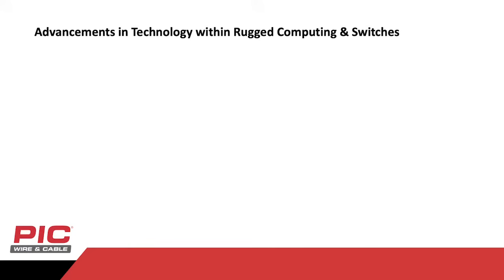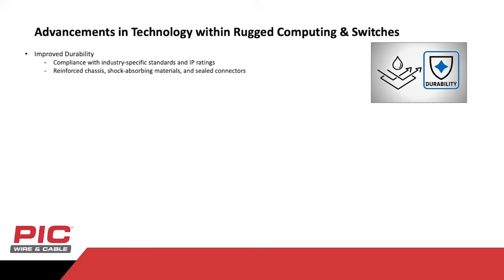Advances in technology with rugged computing and switches have revolutionized the way industries operate in challenging environments. Several significant advancements have occurred and continue to occur in ruggedized computing, switches, and associated interconnect solutions. This has enhanced their performance, durability, and adaptability. Here are some notable advancements. Improved durability: rugged computing devices and switches have become more durable and resistant to environmental factors.